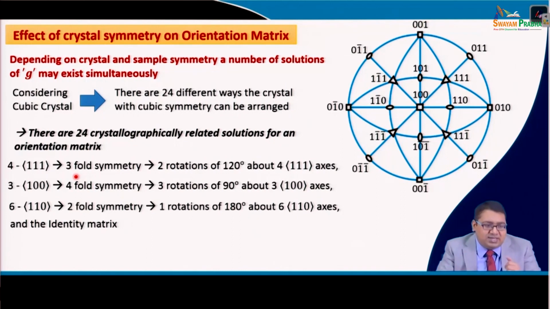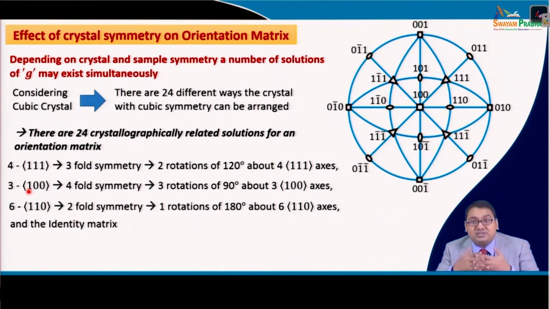On the other hand, it has three 100 axes with 4-fold symmetry. If you give a rotation of 90 degrees along a 100 axis, it comes exactly to the same look, as if it has not been rotated. Like that you can give 90, 90, 90 rotations and it will always look the same.